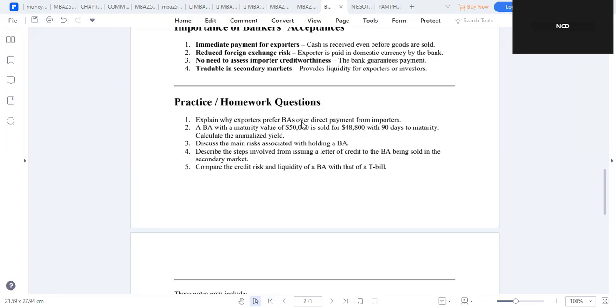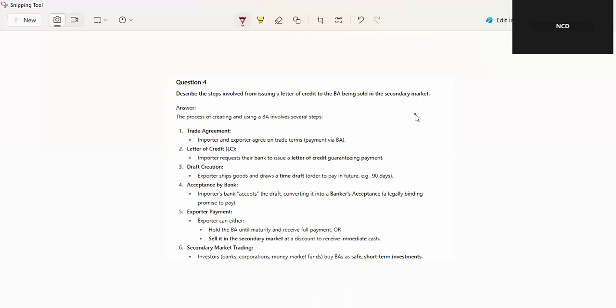The exporter and the importer agree on the terms. In the letter of credit, the importer will request their bank to issue a letter of credit guaranteeing payment. And then, in creating the draft, the exporter will ship the goods and draw a time draft, an order to pay in future, for instance, 90 days.